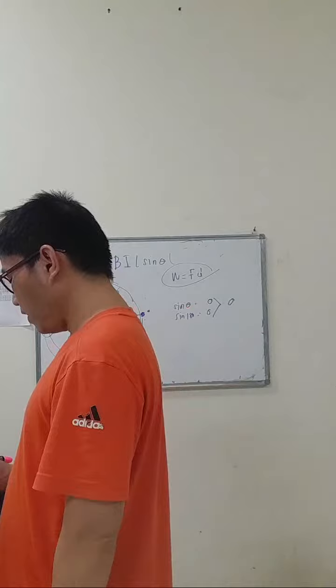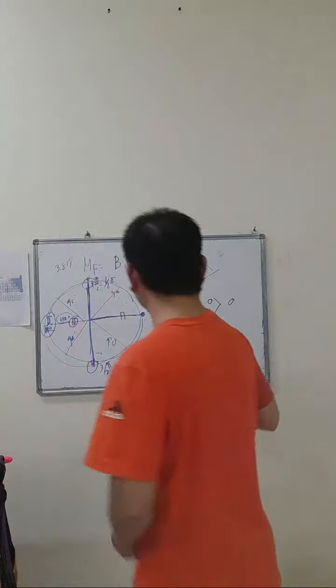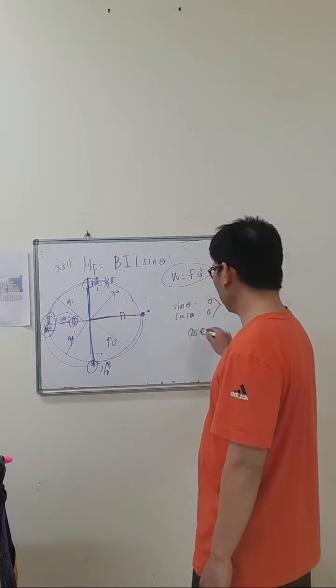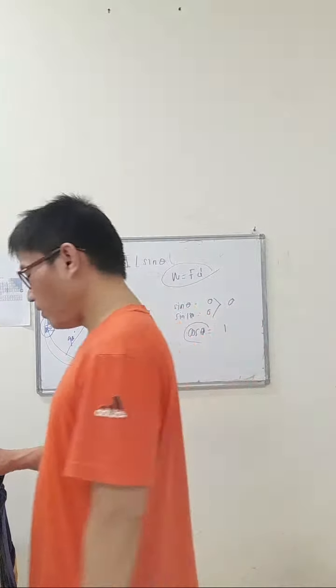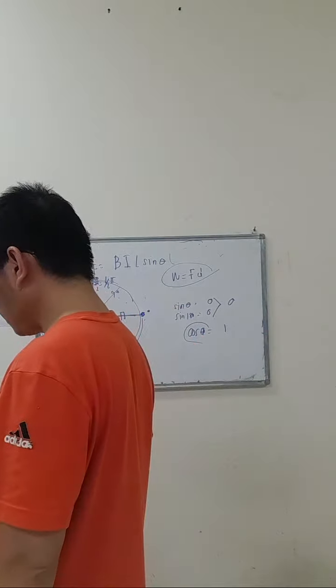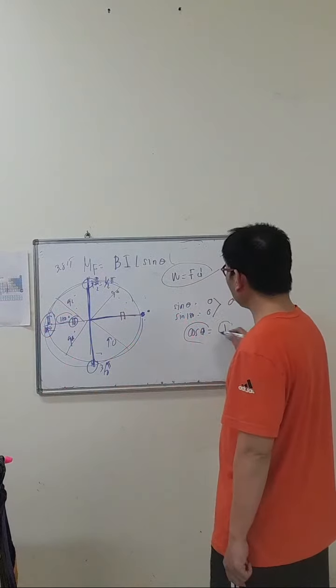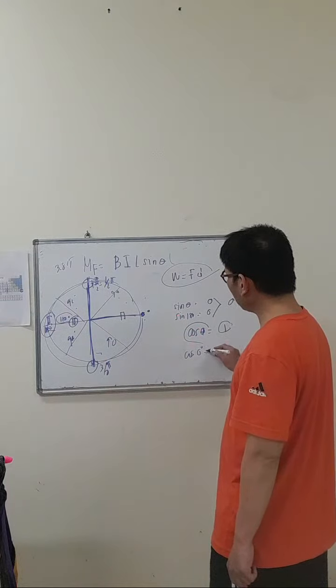Cosine 0 is 1. Okay, cosine theta is 1. Then cosine of 180 degrees is negative 1. So cosine of 0 degree is 1.